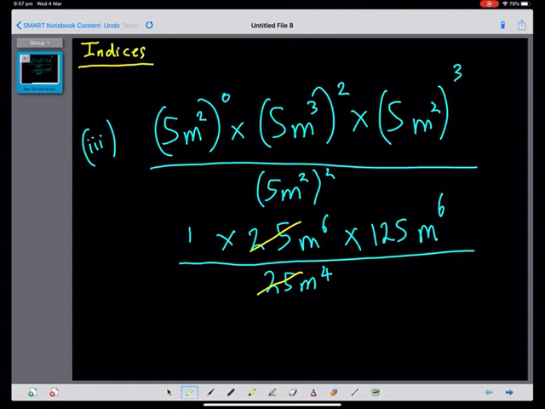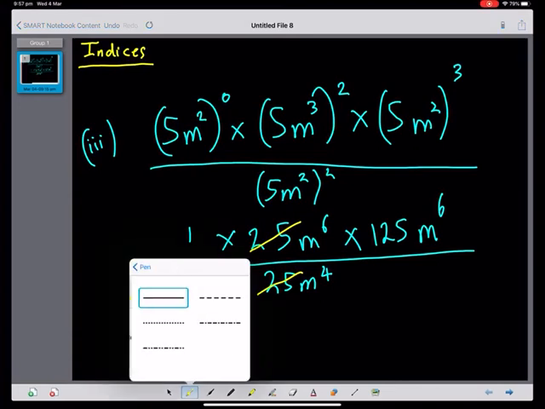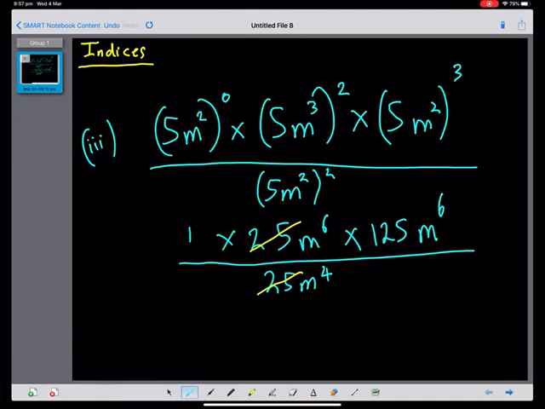Multiplying numerator and denominator by 25 is the same as multiplying by 1, because 25 divided by 25 is 1. So what are we left with? We are left with m to the 6, because 1 times m to the 6 is m to the 6, multiplied by 125 m to the 6, all divided by m to the 4.